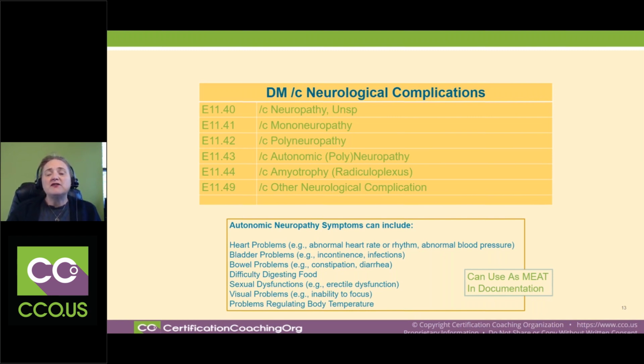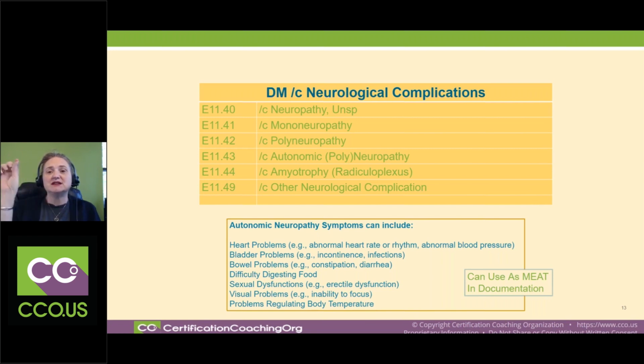Now, if you wanted to know about autonomic neuropathy, I went ahead and put this in there just to give you some information about what can happen as far as autonomic neuropathy symptoms. It can affect the heart, the bladder, the bowel, difficulty in your digestive system, sexual dysfunction, visual problems, as well as regulating body temperature. Now, all of these, if you're into risk adjustment, can be used as MEAT for any of those neurological complications.